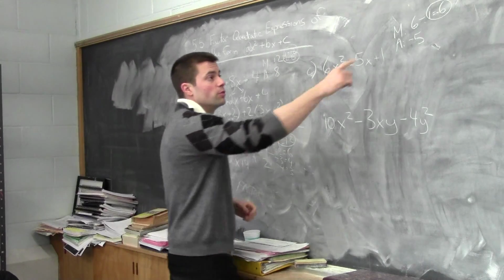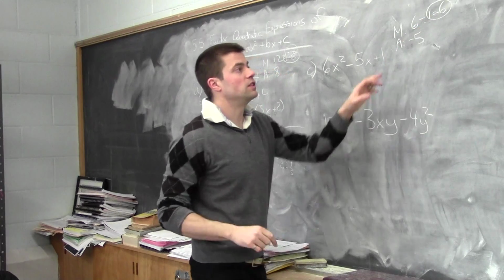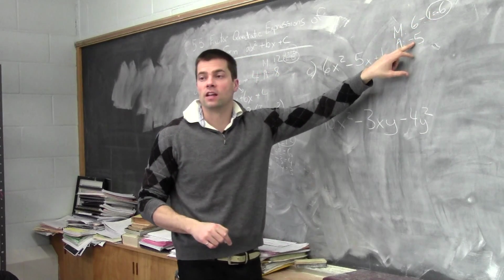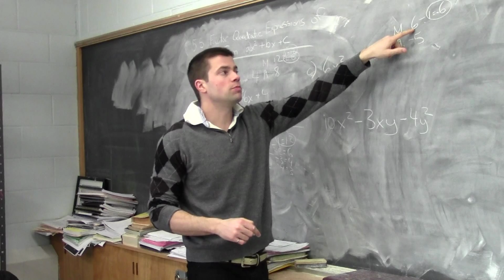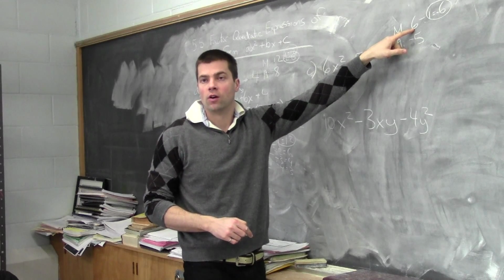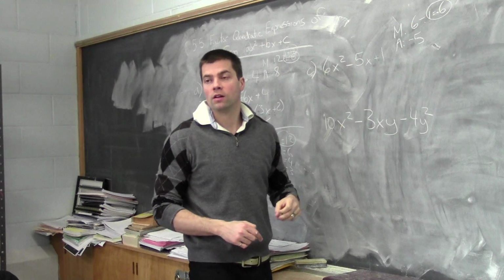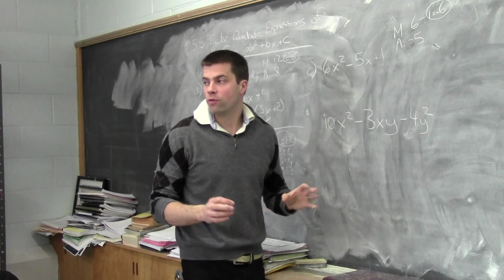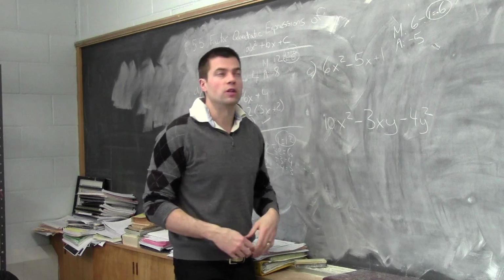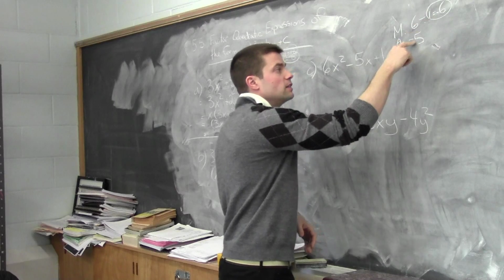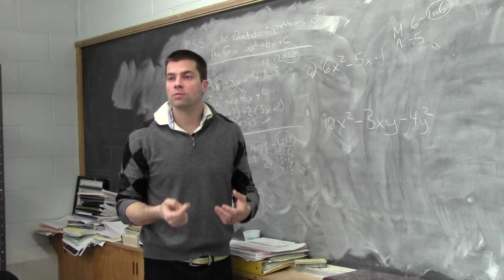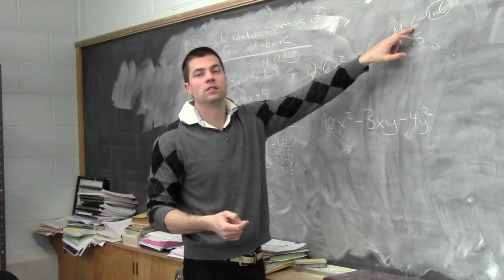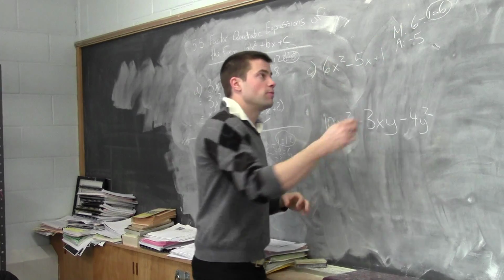No. This is the first time we've seen two numbers that can add to negative 5, but cannot multiply to positive 6. So these numbers do not work. So far this has been the trickiest question, because we've got two numbers that add to negative 5, but when we multiply them, we cannot get to positive 6. So I have to keep going.